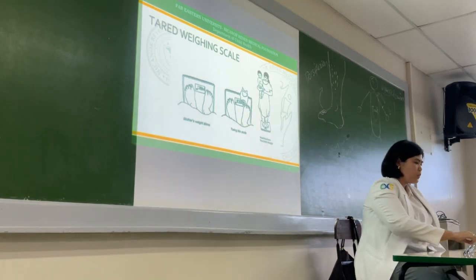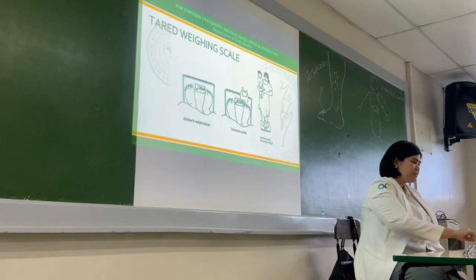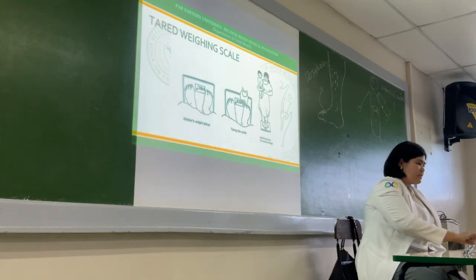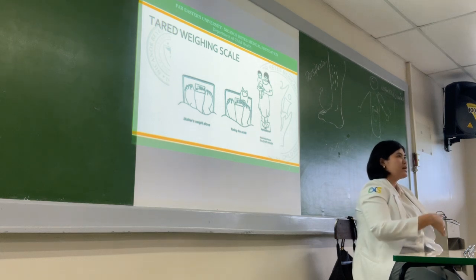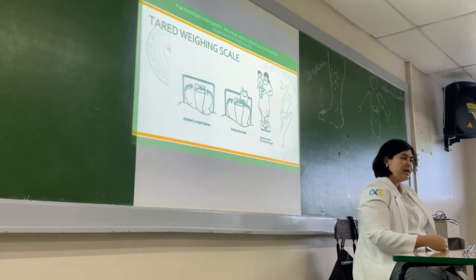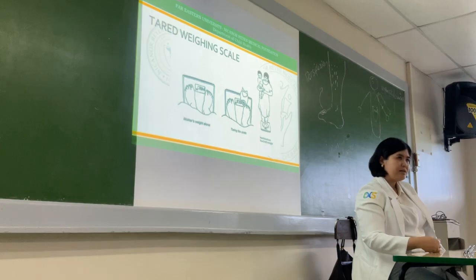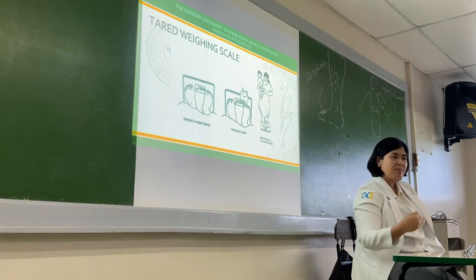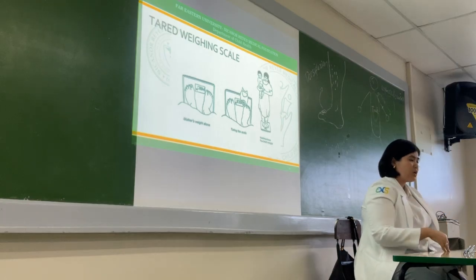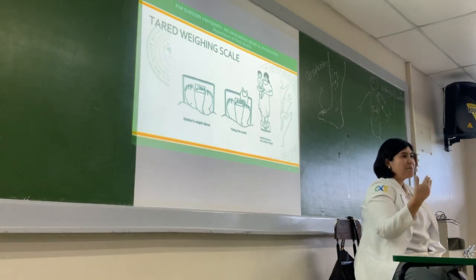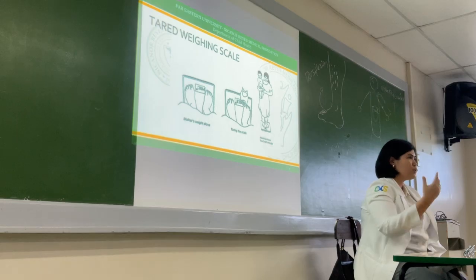And then, when it's back to 0, the mother will carry the baby already. So remember the steps. 0, step on the scale, cover the panel so it goes back to 0, mother gets the baby, and then the baby's weight will appear on the display. So that's what you're writing.